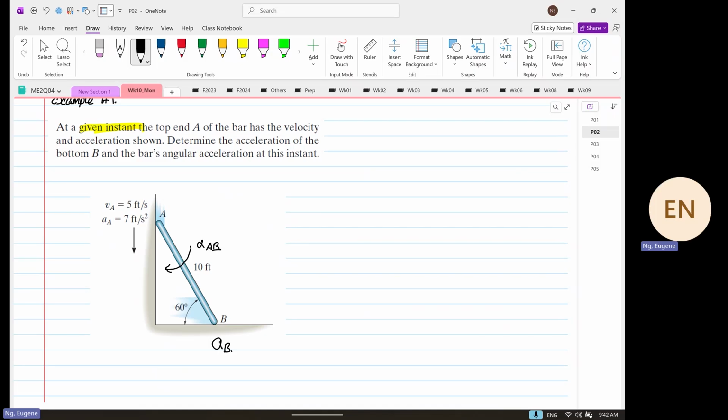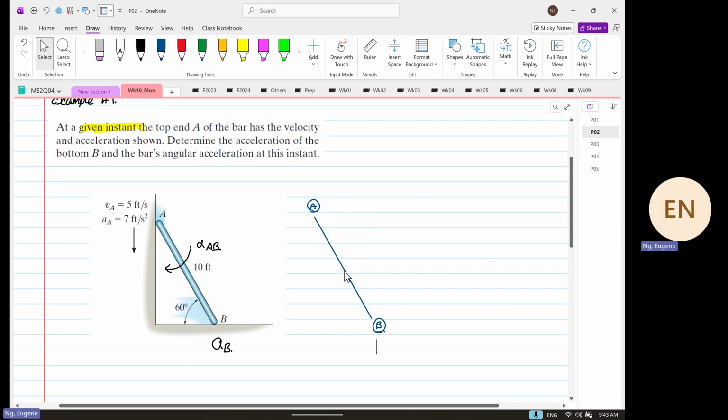I assume alpha to be going in a clockwise manner. Maybe I assume wrongly, so let's look at the assumption. We just sketch. At this instant, this is our point A and this is our point B, at 60 degrees.